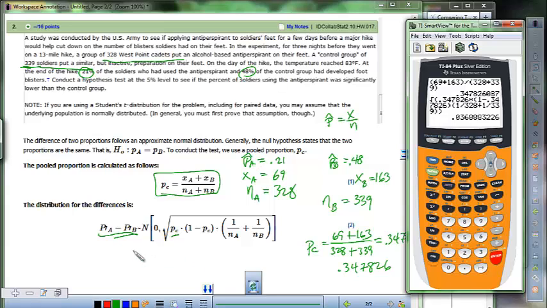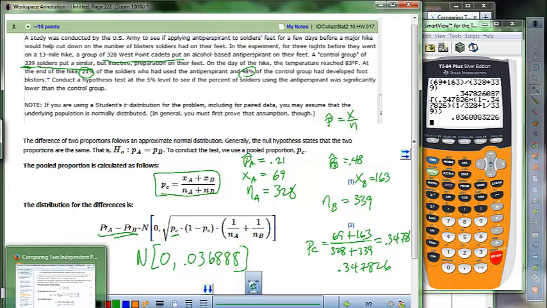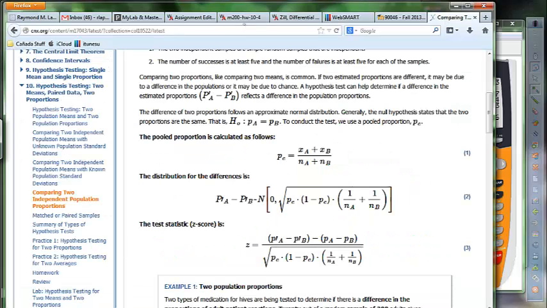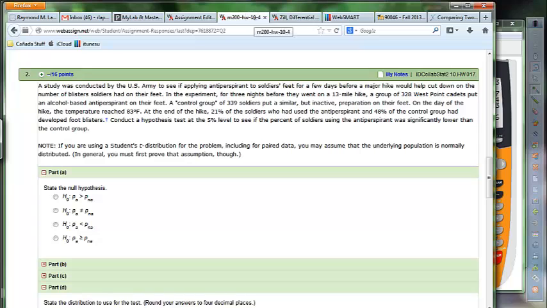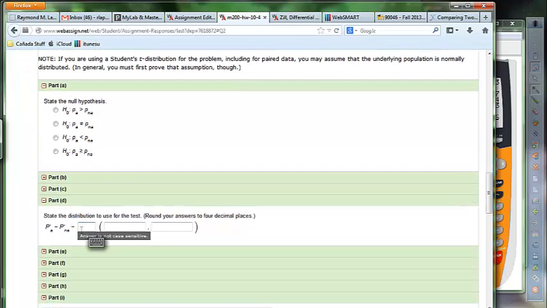So it looks like our distribution is a normal distribution centered around 0 with a standard deviation that's really small. 0.03688, however far they want you to round off. So let's actually check our homework. And I have it pulled up here. Let's just check this particular answer here.